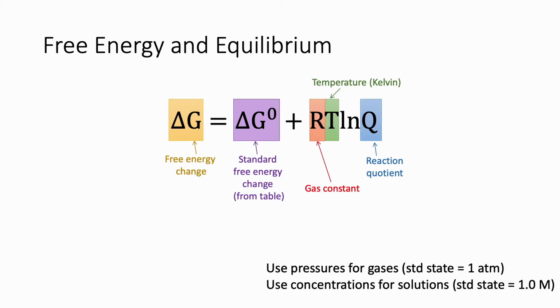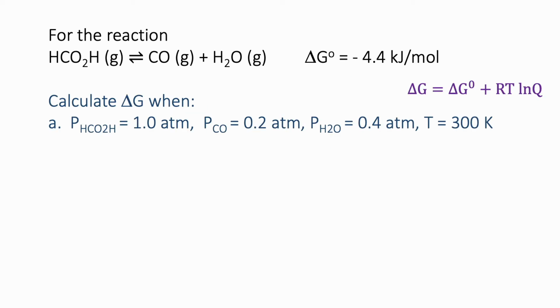So your reactants are not necessarily going to be at standard state. That's why we have this general equation that can be true with any partial pressures or concentrations of our reactants and products.